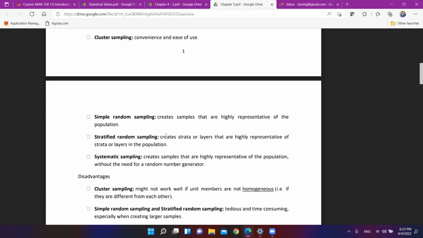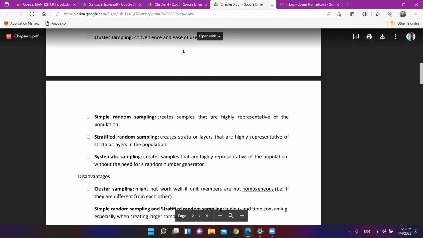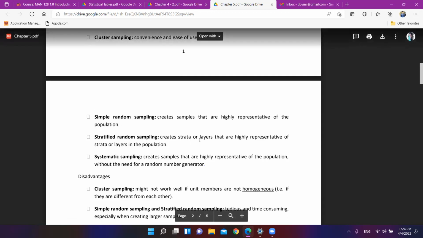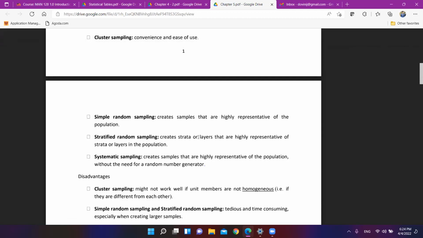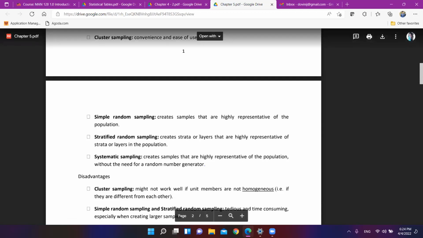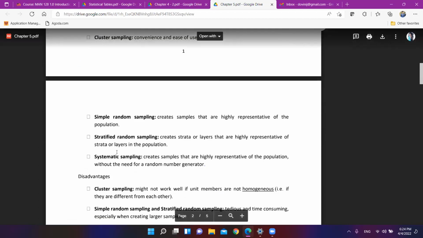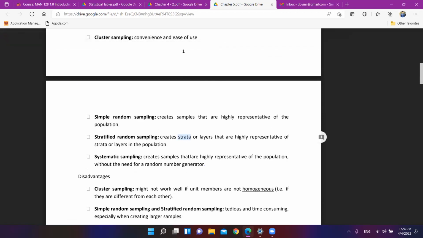If we do a survey with simple random sampling, some age groups might not be captured. So stratified is very important whenever you identify particular groups in your population, and it is very advantageous for representativeness.